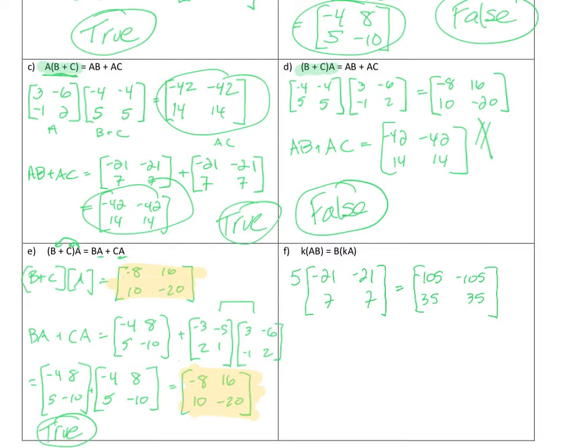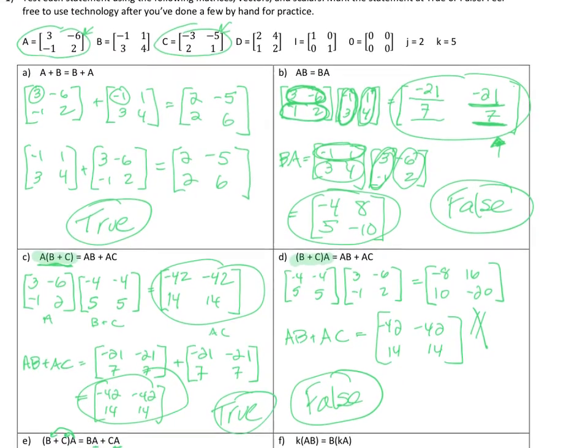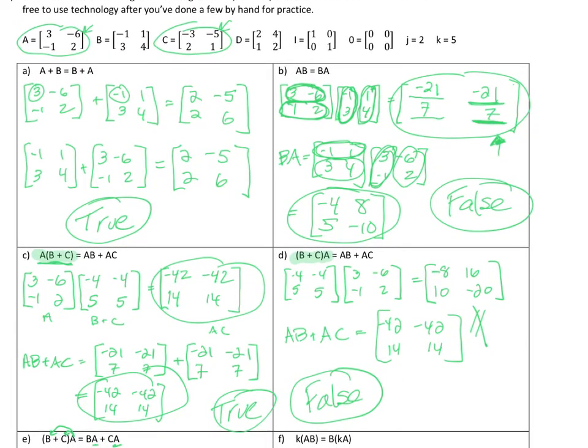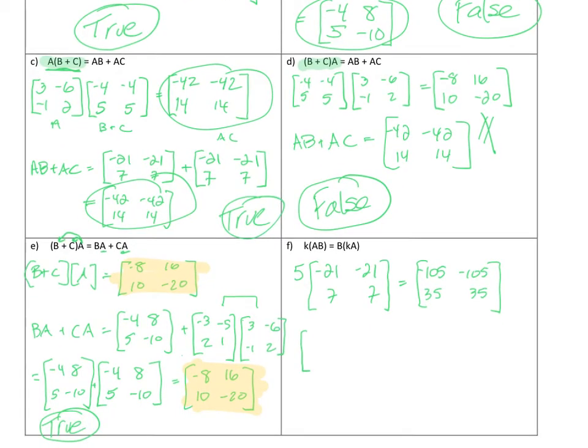Now I'm going to do B times KA. So B is -1, 1, 3, 4. There's B. And then I'm going to multiply that times 5 times A, and A is 3, -6, -1, 2.